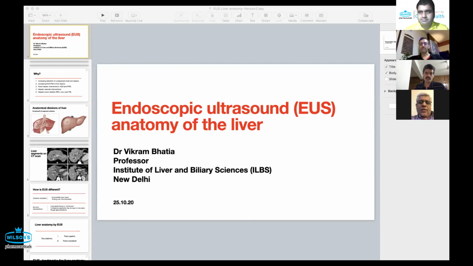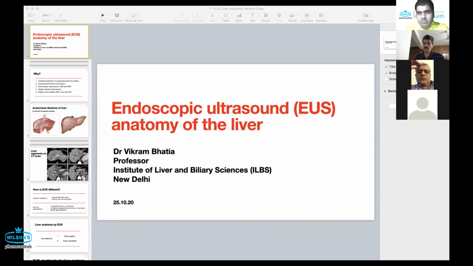So we shall see how the anatomy of the liver is from a different three-dimensional perspective, slightly different from the CT scan, although we shall touch some of the CT scans because the pathology detection starts with the CT scan. And then I'll tell you how the CT scan translates into the three-dimensional anatomy, which you see with an ultrasound from outside and with an EUS from the inside.